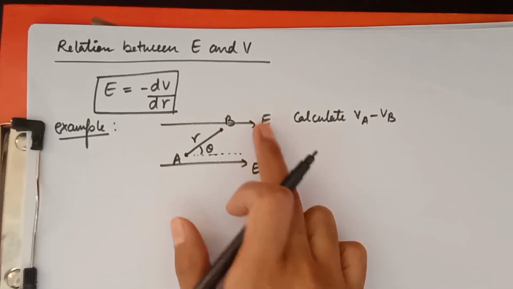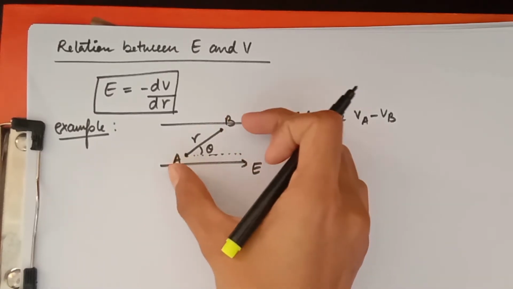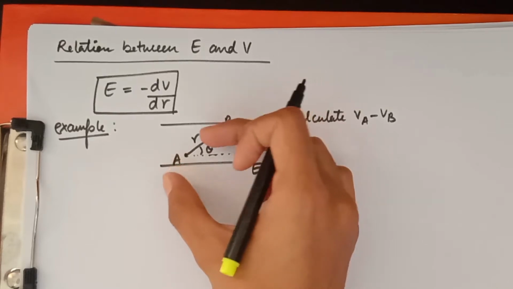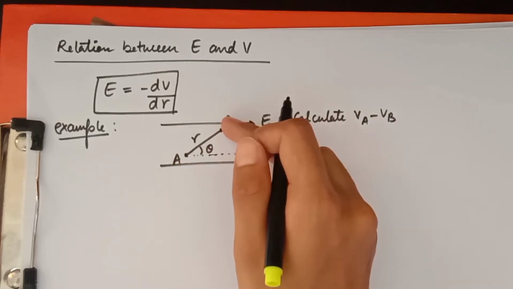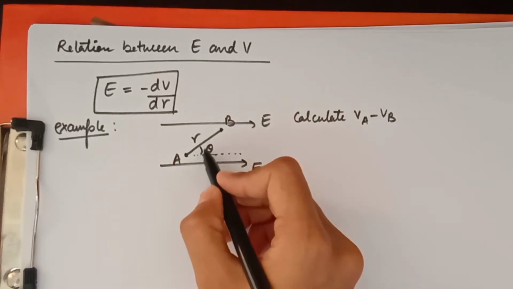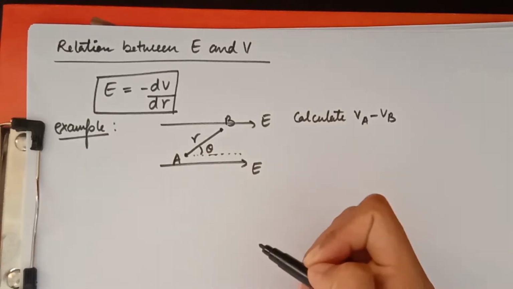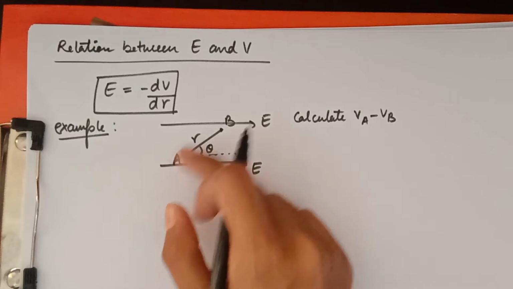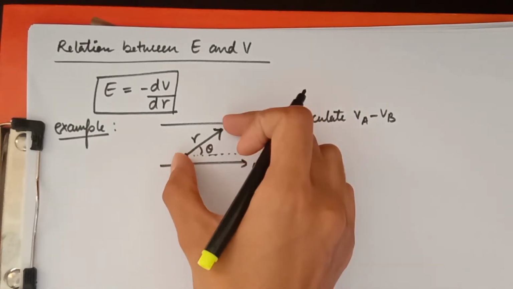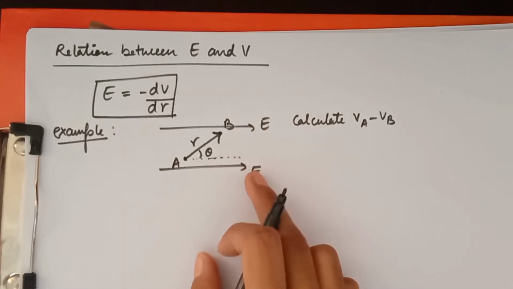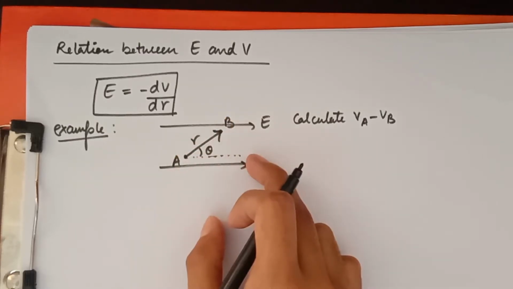The distance between the 2 points is also given, that is R, and the displacement vector makes an angle of theta with the uniform electric field. You can see it from here. This is your R vector, and the R vector is making an angle of theta with the uniform electric field. So theta is the angle between the displacement vector and the uniform electric field.